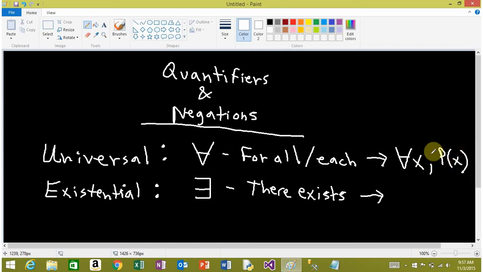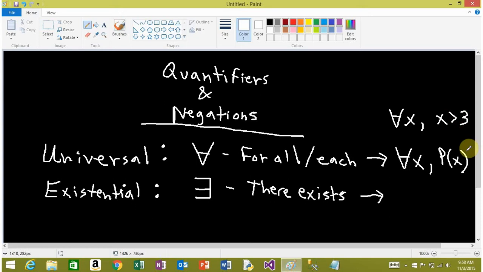P of x is a statement using the variable x. So you could say, for all x, comma, x is greater than 3. That could be a universal statement.